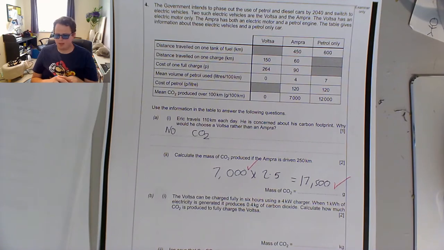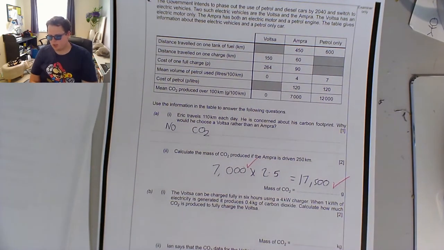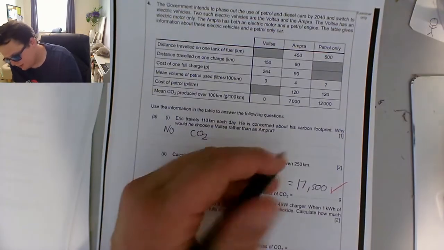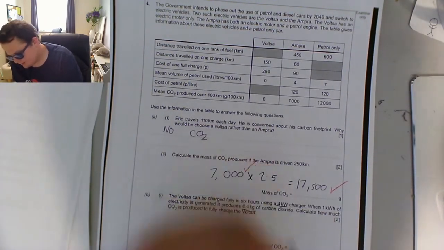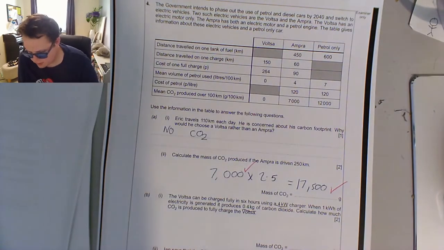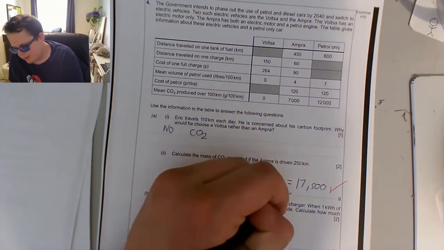Okay, for part B, the Voltsa can be fully charged in 6 hours using a 4 kilowatt charger. When 1 kilowatt hour of electricity is generated, it produces 0.4 kilograms of carbon dioxide. Calculate how much CO2 is produced to fully charge the Voltsa. So we do 6 hours at 4 kilowatts.